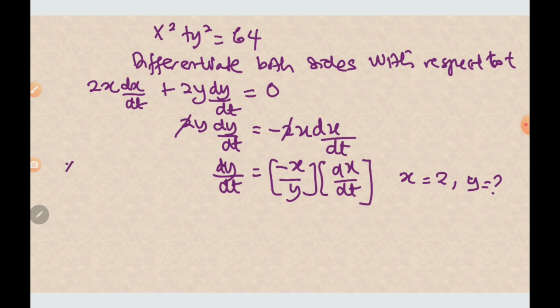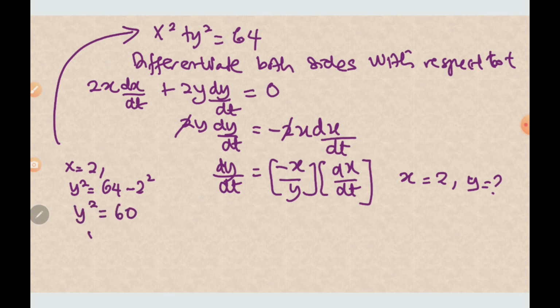Okay, so when x equals 2, y squared is equal to 64 minus 2 squared, because x squared plus y squared equals 64. Therefore, y squared equals 60 and y equals root 60.